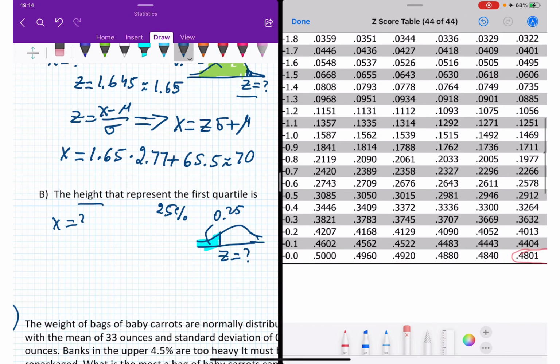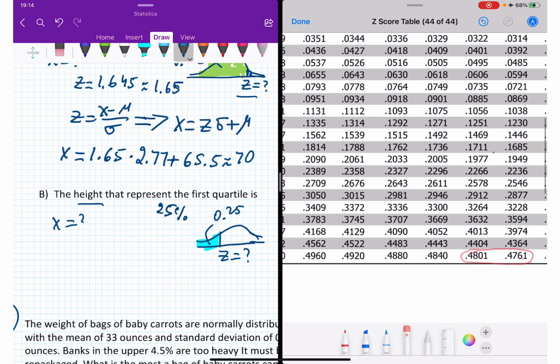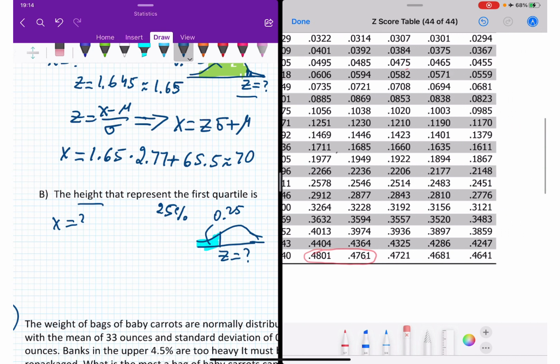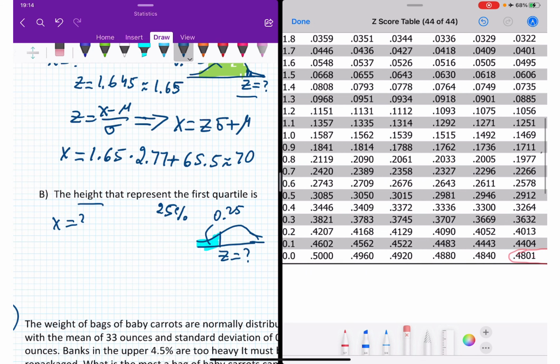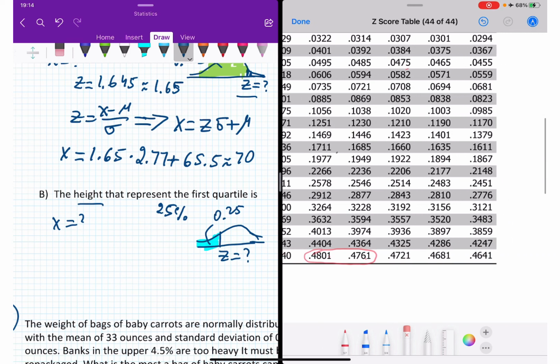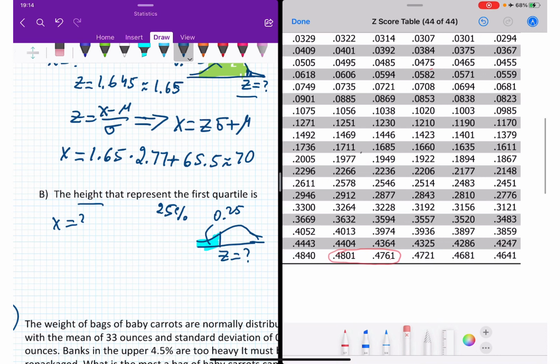0.2724. Okay, find here 24, here 2451. So that's approximately what's going to be. No, 24. We need 25. I guess between these two. 0.25 going to be between these two.